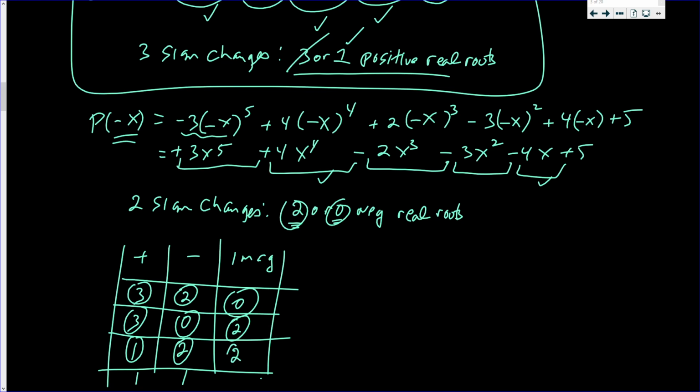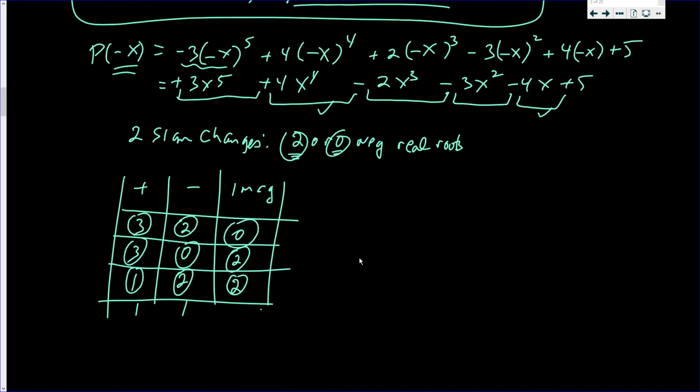We need 2 more to get to 5. And we have 1 more row, sorry. 1 plus 1 is... it's either 2 or 0, excuse me. So 1 plus 0 plus 4 gives me 5. These are the possible answers.